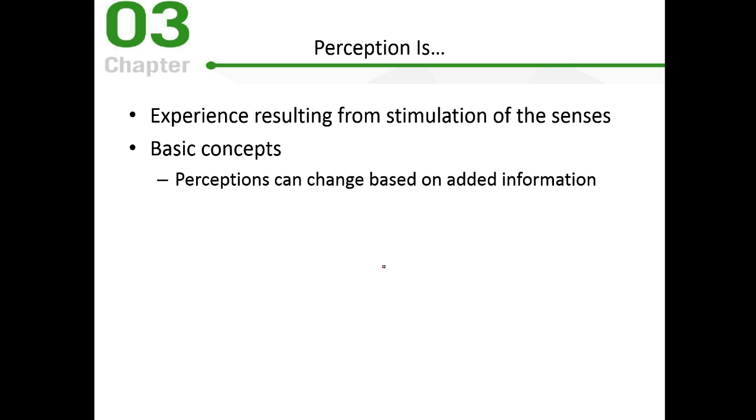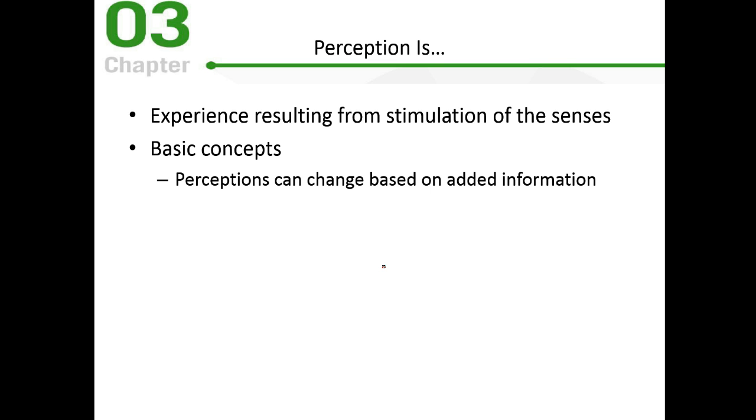In other words, it's not just cut and dry. We don't always get what we see or get what we perceive. So for example, as we get closer to an object, our perception of it might change. As we move further away, our perception of that object might change. So perception can change based on added information.